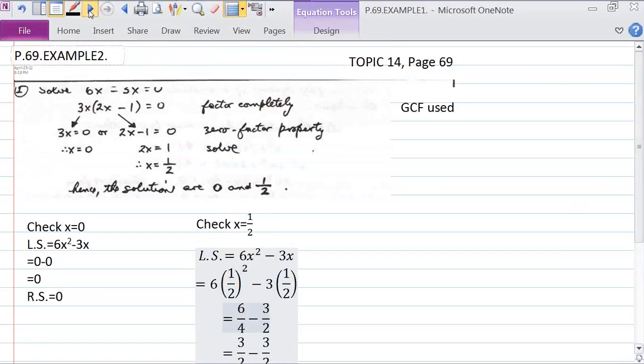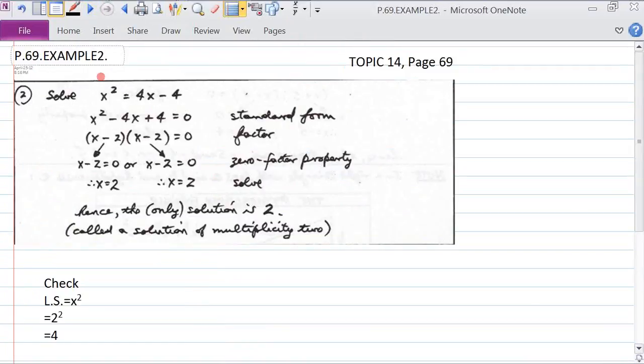So let's go to example 2. Solve x squared equals 4x minus 4. First thing we do is transpose the 4x and the minus 4 to the left side. So the plus 4x becomes minus 4x. The minus 4 on the right becomes plus 4 on the left.